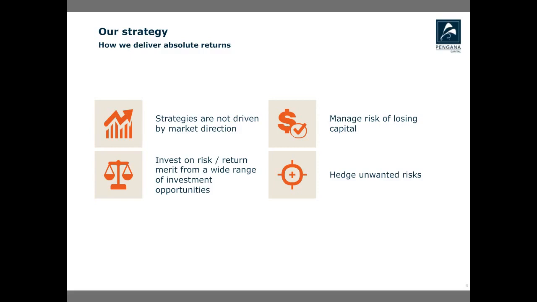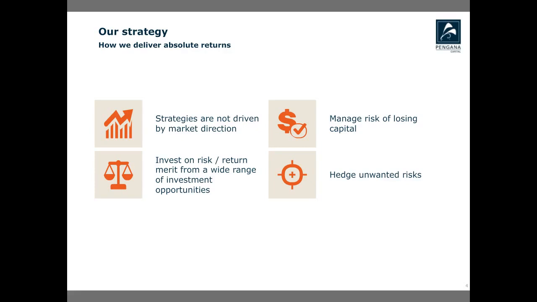If you look at page 4 of the presentation, just a very high-level overview on how we actually generate absolute returns. As far as this fund is concerned, our stock picking is very much bottom-up. So the returns are derived from a particular event or a corporate announcement that has been made to the market. We do not take a directional view on the markets.